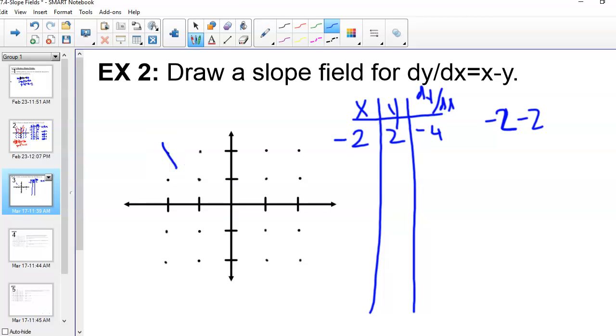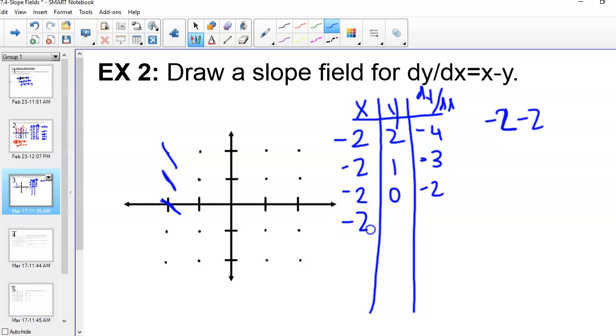If we try the next point, negative 2, 1, then I've got negative 2 minus 1. That's going to give me negative 3. And so I'll have a slope just a little less steep right here. At negative 2, 0, I'm going to have negative 2 minus 0. I get negative 2. So I'm going to have a slope of negative 2 here, just a little less steep than the one before.